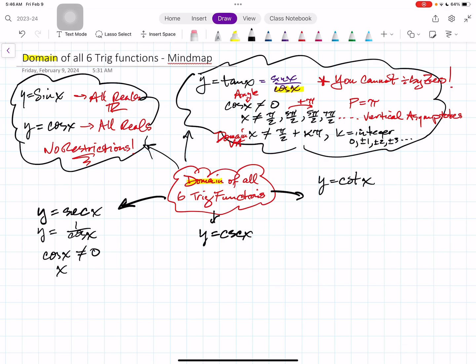And that means that x cannot be equal to pi halves, 3 pi halves, here we go again, dot, dot, dot. Or we can say x cannot be equal to pi halves plus multiples of pi, so plus k pi, there we go. And there is your domain, okay?